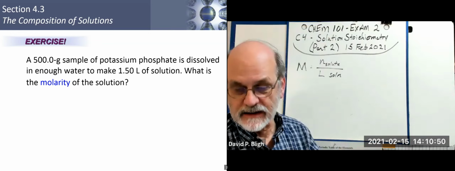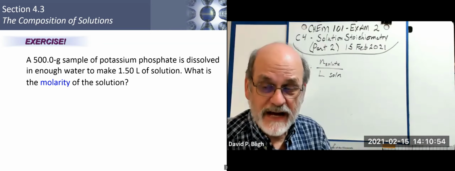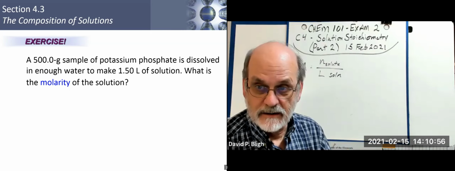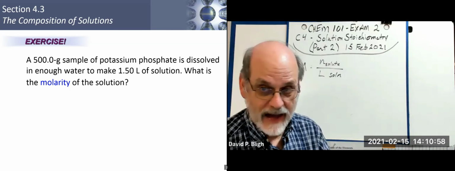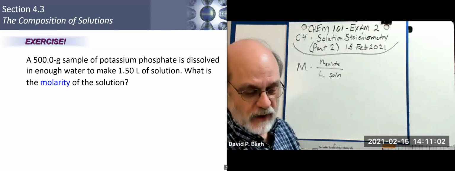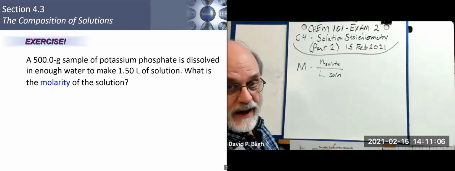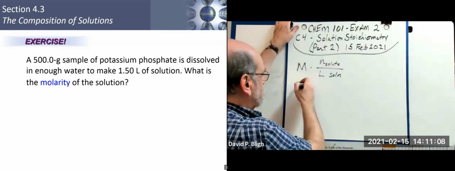So what's the molarity there? Well, you need to know how many moles of potassium phosphate you have. When you've got 500 grams, how many moles does that represent? First of all, how do you convert 500 grams of a sample into moles?